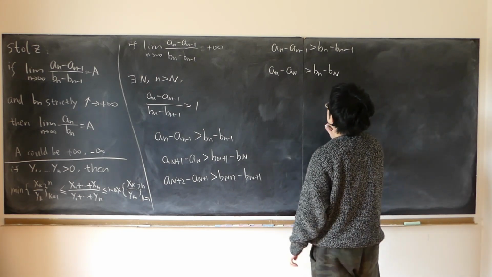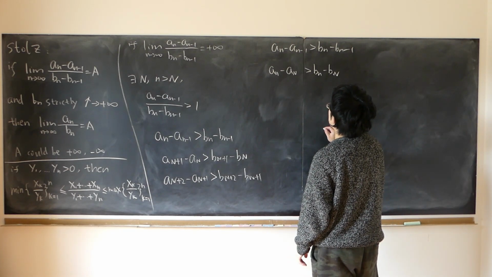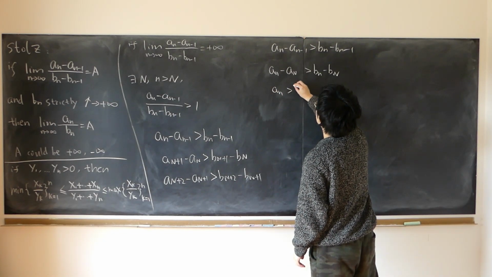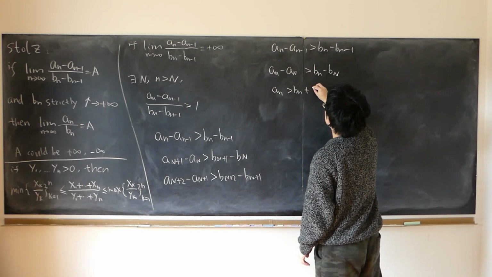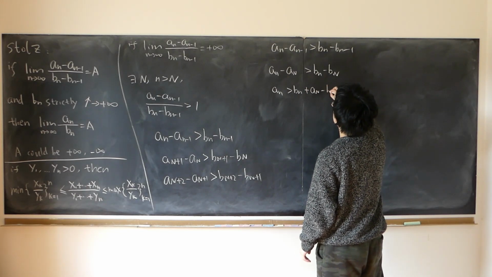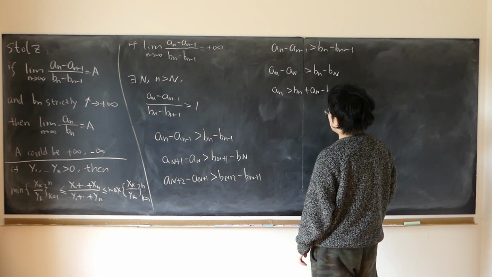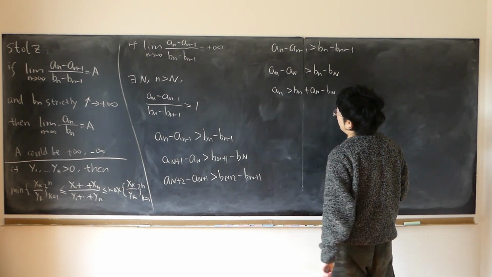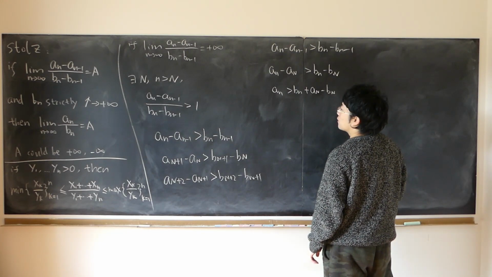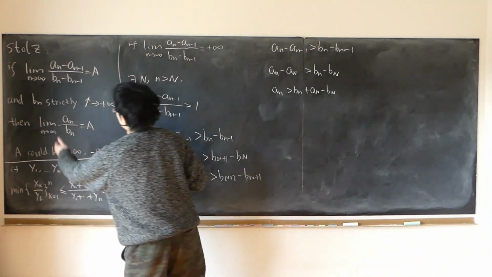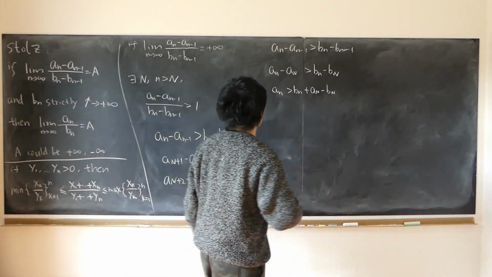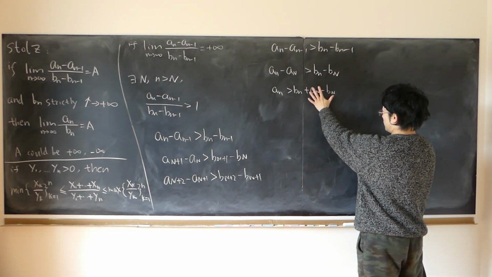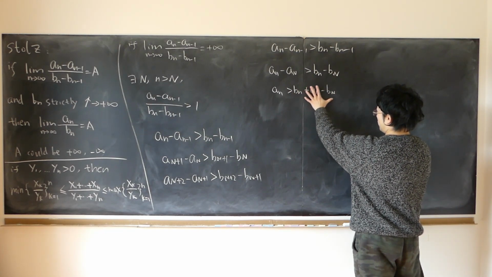So in other words, we have an is bigger than bn plus a capital N minus b capital N. And capital N is fixed, so is little n. Now in that case, since bn is already approaching positive infinity, and a capital N and b capital N are already fixed numbers, how about their sum?